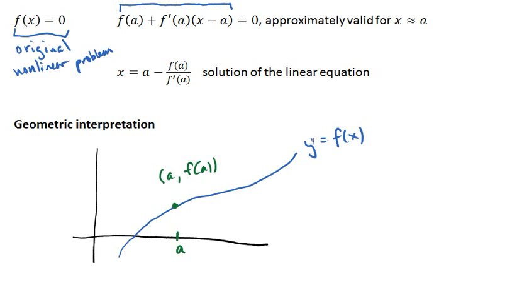Now what we do is construct the linearization, the linear approximation. That's the tangent line at this point. So that's our linearization. And then this value here, the solution of that linear problem, is our x.